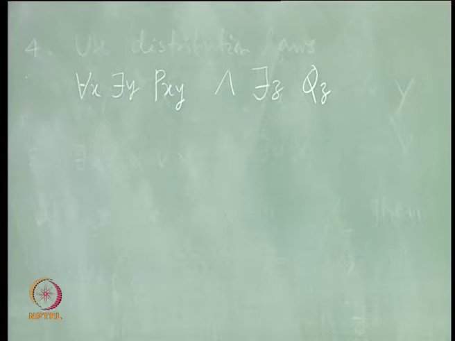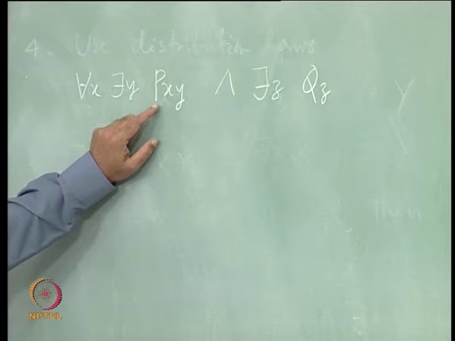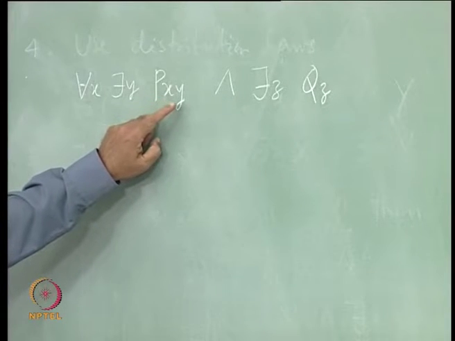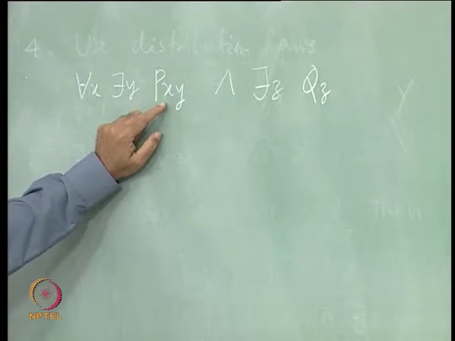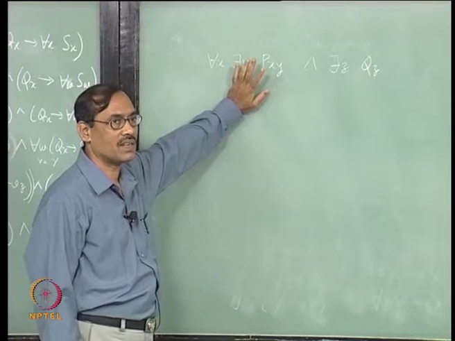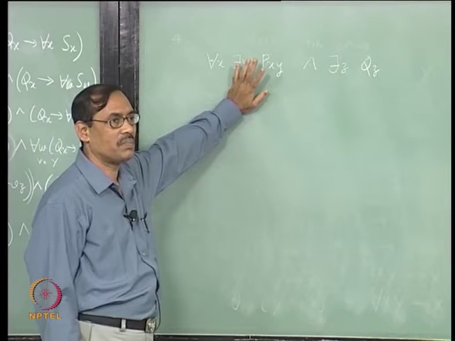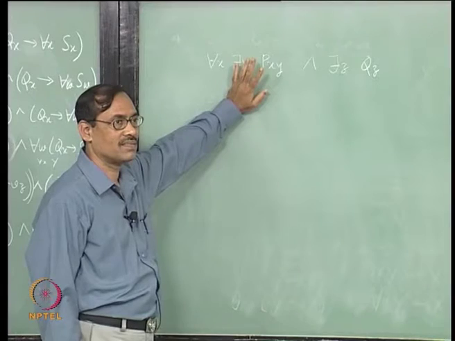Suppose I interpret this sentence in the set of all human beings. Okay. Now, P will be something like, say, y is father of x, it says x has a father, right. P is for parents, x has some parents.